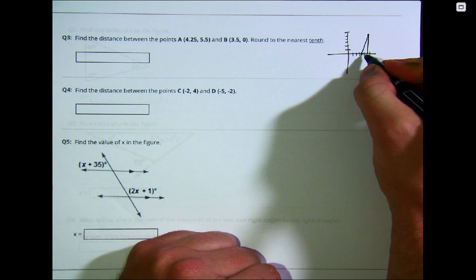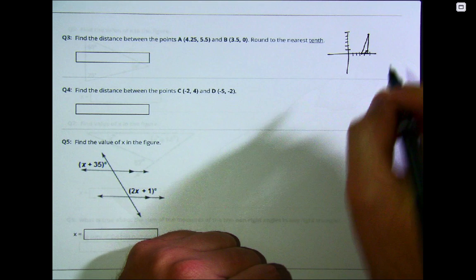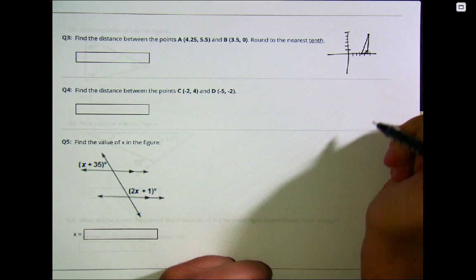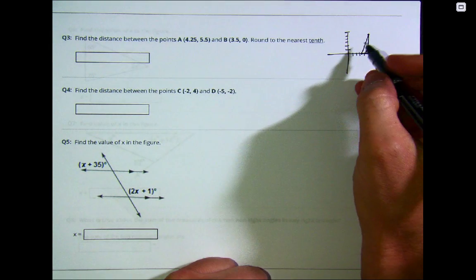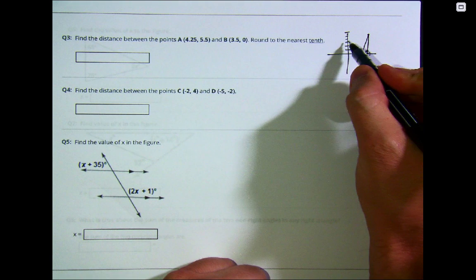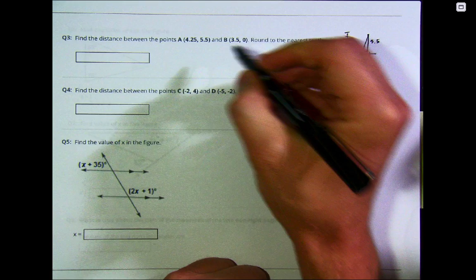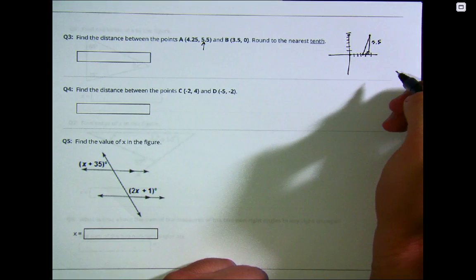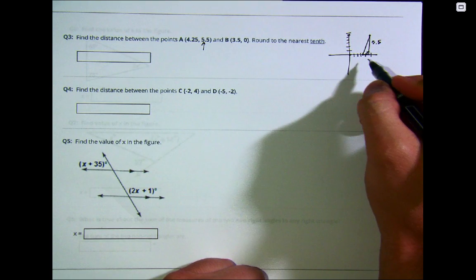And again, this is just a Pythagorean theorem problem, isn't it? Because the distance between any 2 points makes a right triangle. Okay, so what's the height of this triangle? Well, wasn't this 5.5, because it went from 0 to 5.5? And what's the width, the base of this triangle?